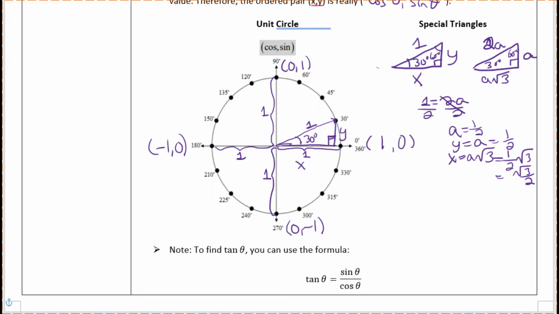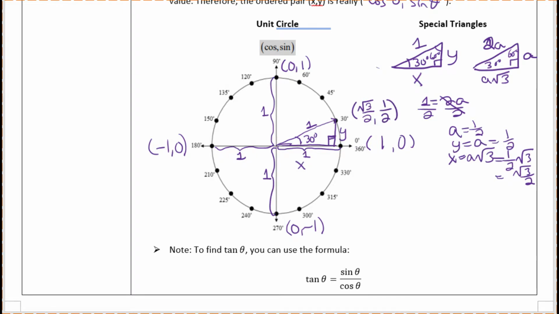Alright, so now we know where the x and y coordinates are, so we can label them. So x is square root of 3 over 2, and y is 1/2. Okay, but then notice that this is cosine, right?